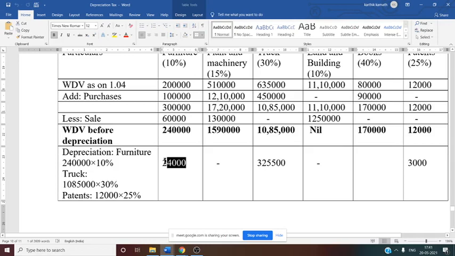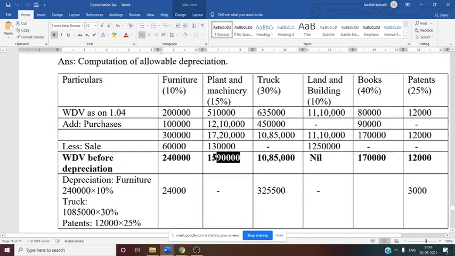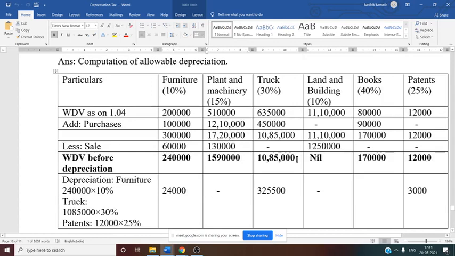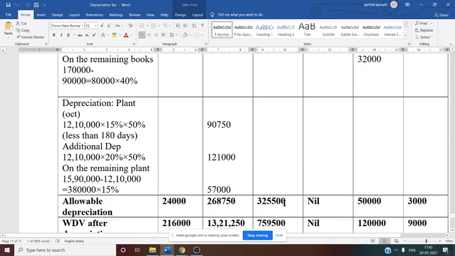See this, 2,16,000. Now for plant and machinery, written down value before depreciation is 15,90,000. 15,90,000 minus allowable depreciation for plant and machinery, that is 2,68,750. If you minus these two things, you will get written down value after depreciation for plant and machinery, 13,21,250. Now next thing is for truck. Truck only one depreciation, so 10,85,000 minus 3,25,500. So that answer is 7,59,500.